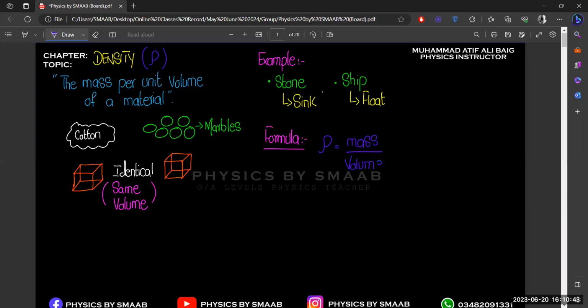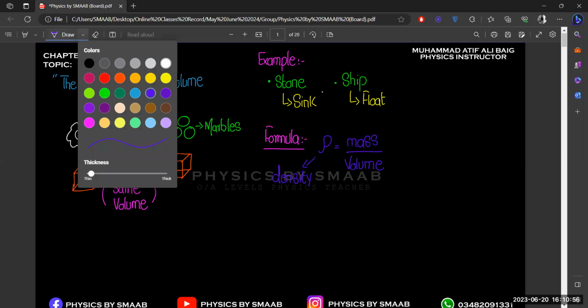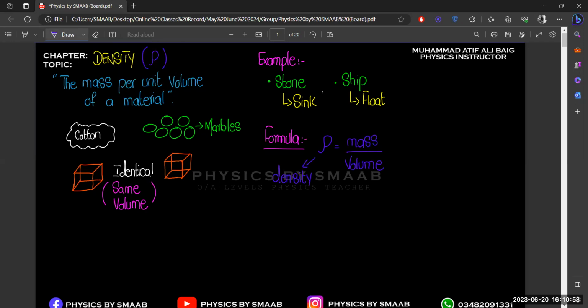So this is the formula for density, right? This symbol represents the density. And in symbols, we can write the formula like this: the density is equal to mass over volume.